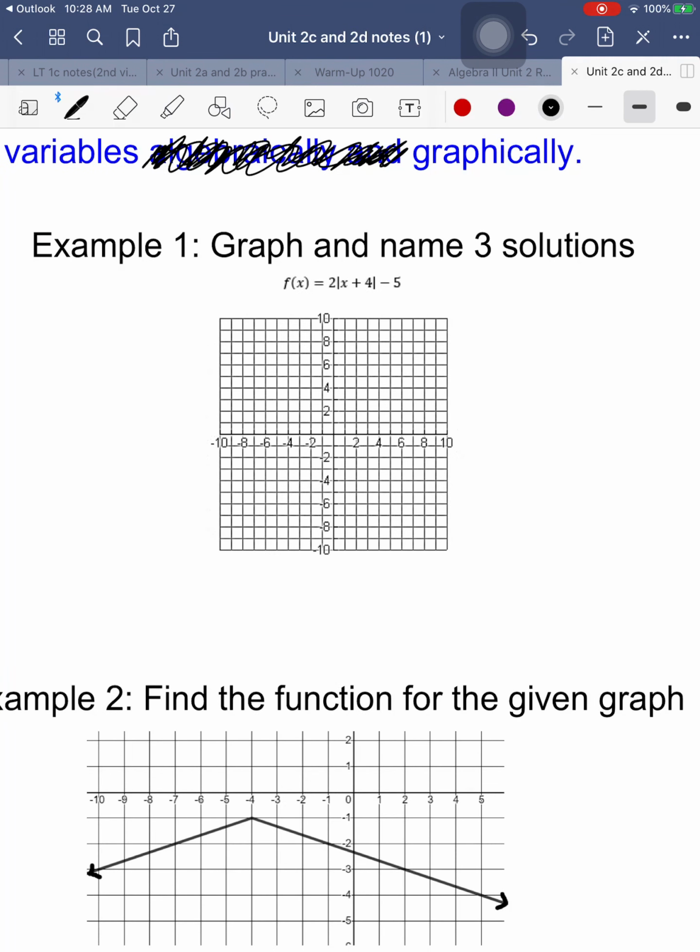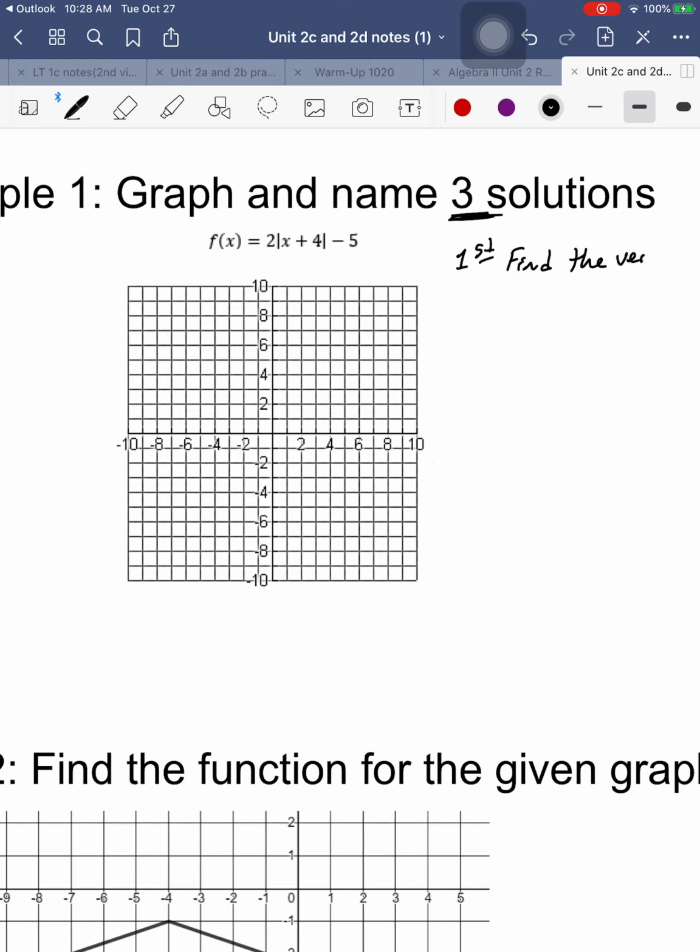First, I would find the location, find the vertex. So how do we do that? Let's think back to Unit 1. The vertex started at 0, 0. I just did a quick graph. That's a terrible looking graph, but all I care about is the vertex at 0, 0. How do we know where that vertex is going to be?